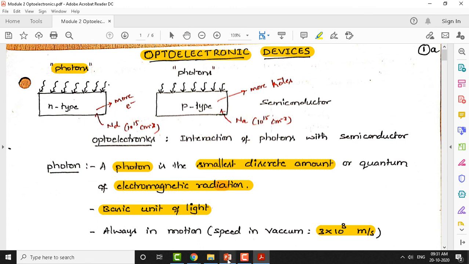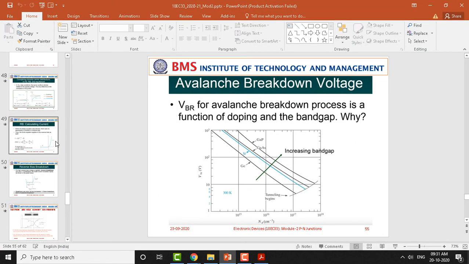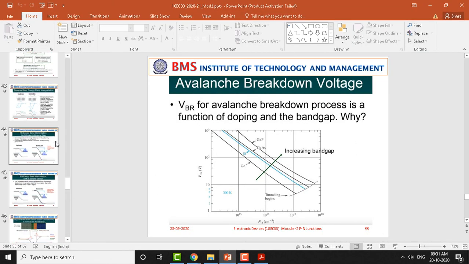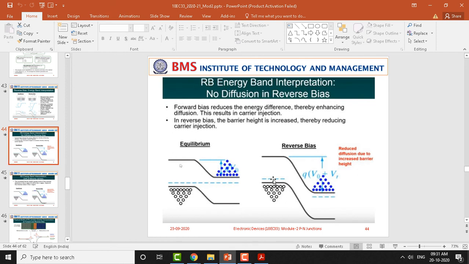Just have a look at that diagram. Suppose you make light fall on the semiconductor, what happens here? Electrons jump into the conduction band, yes, exactly.